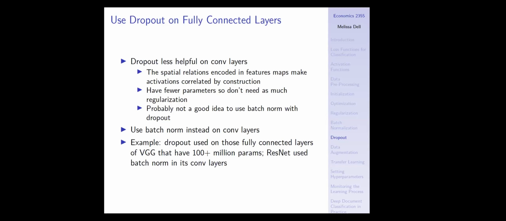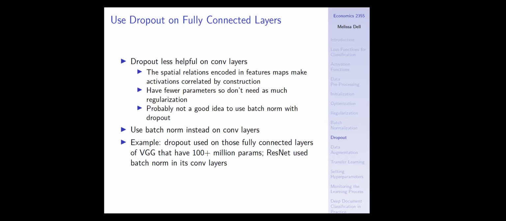And so, for example, remember we saw that VGG architecture last class had those fully connected layers at the end that were over 100 million parameters. Most of the parameters in VGG came from those fully connected layers at the end and not from the conv layers. They use dropout there because, with 100+ million parameters, you're at a lot of risk of overfitting, but didn't use dropout on the conv layers.